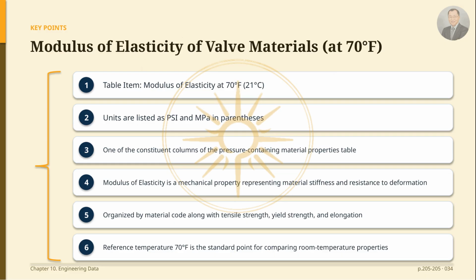When evaluating materials used for the pressure-containing parts of a valve, this modulus of elasticity is considered along with tensile strength, yield strength, and elongation. The reason for setting the reference temperature at 70 degrees Fahrenheit is to standardize the properties at room temperature so that different materials can be compared under the same conditions.